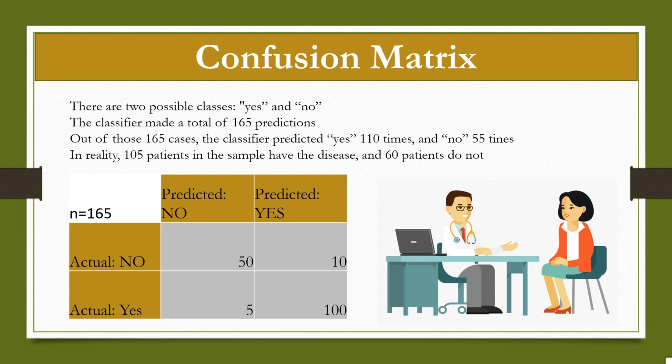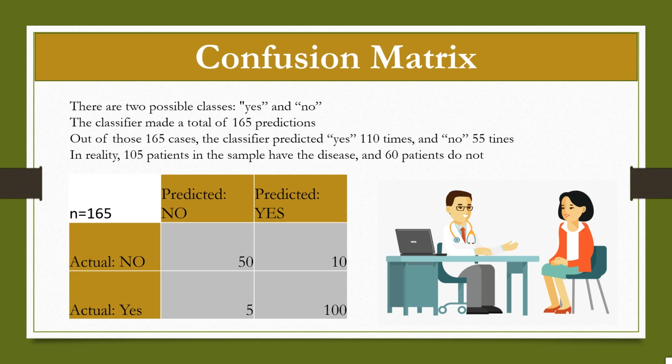You basically build the confusion matrix. This is how the matrix looks, and it generally denotes the total number of observations that you have, which is 165 in our case. Actual denotes the actual values in the data set, and predicted denotes the predicted value by the classifier. So the actual value is no here and the predicted value is no here.